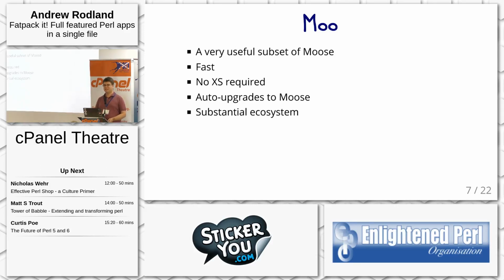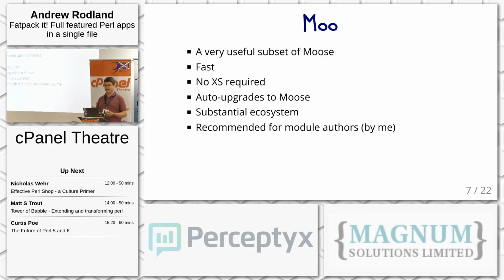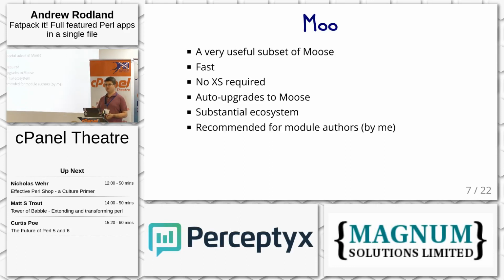There is a pretty substantial ecosystem of Moo using modules out there these days. And it's recommended for the use of module authors in my book. The reason for that is if you're a module author and you want to be able to do MooXy things, but you don't necessarily want to put the burden on your downstream users of having MooX as a dependency, then you can leave that choice up to them.